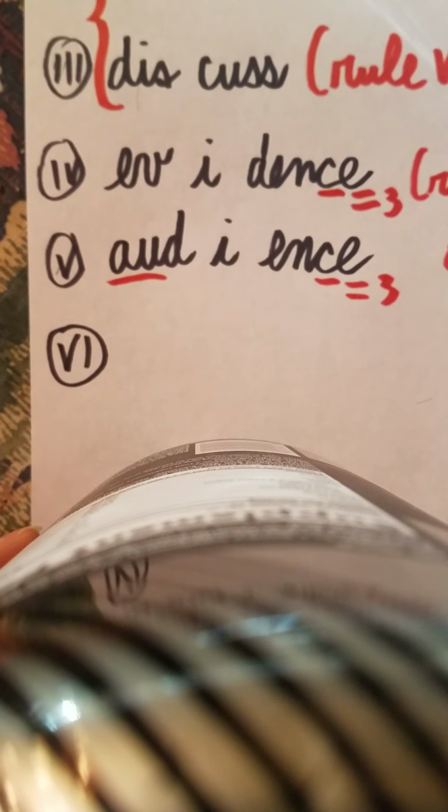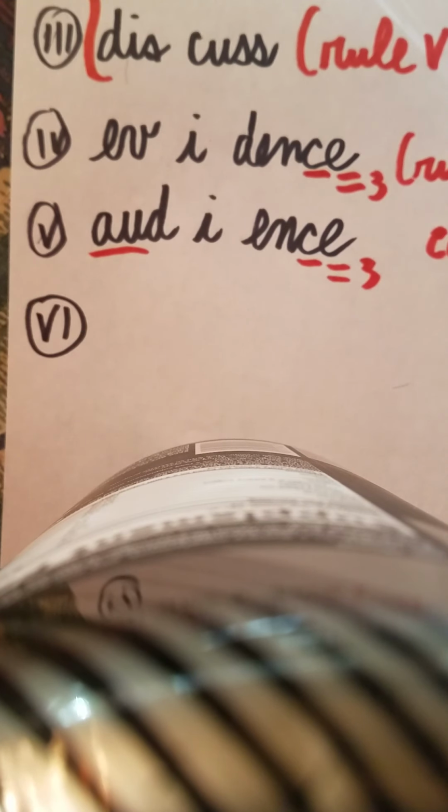Now, number 6 is the word experience. What's the word? Beautiful. It's the word experience, okay, which basically means to have an encounter or to meet with some sort of event, okay?